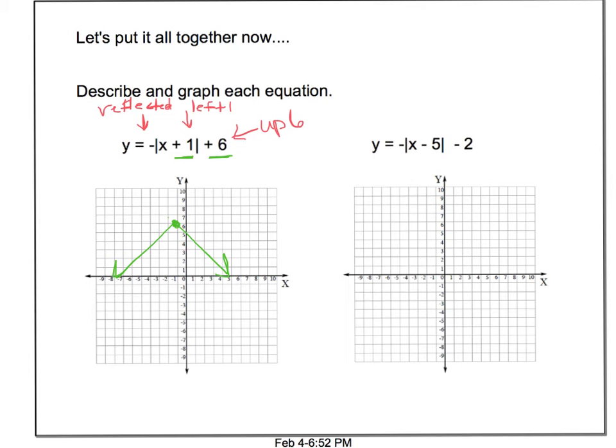Let's do the second one. Same idea. What will that do to your graph? What will the 5 do, and what will the negative 2 do? Write those down. Now go ahead and graph it yourself and see if you can do it.